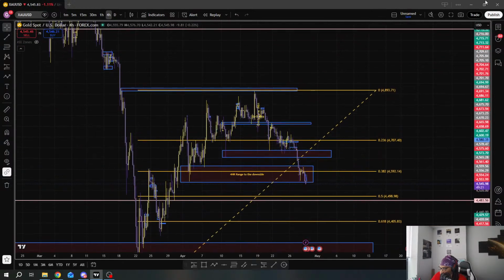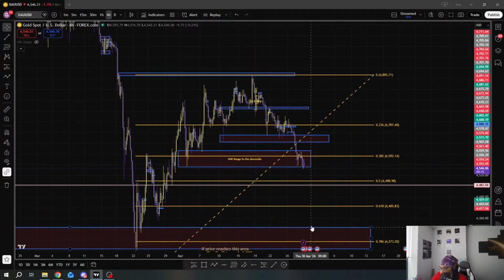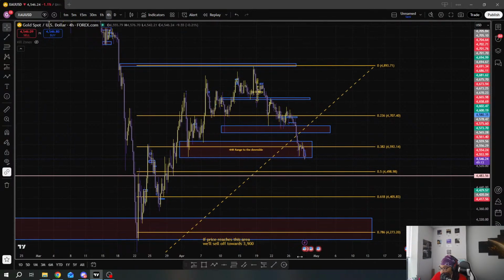Ain't that crazy? So we're in this area where it's like, what does price want to do? Does it want to pass this area? Because if it passes this area, we may just sell off crazy. But if it doesn't pass this area, maybe chilling.